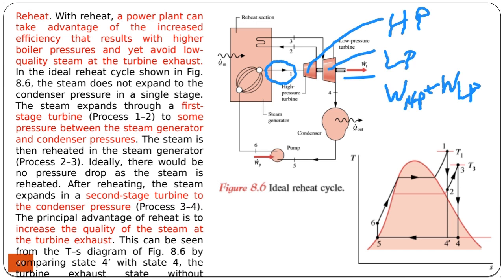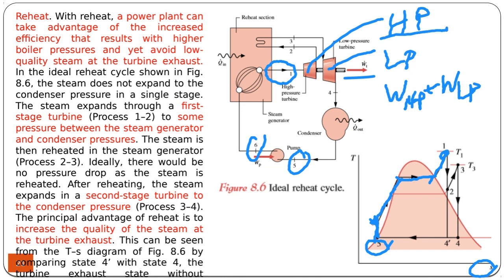If you take a look at it on the TS diagram, as you can see, it gets into the pump as 5. It's compressed isentropically. It gets into the boiler. Temperature is increased, phase change, superheated. In the superheat, it gets to the high pressure turbine.